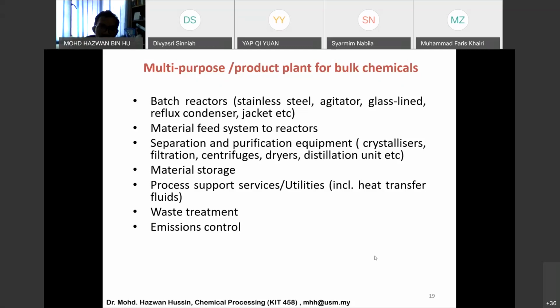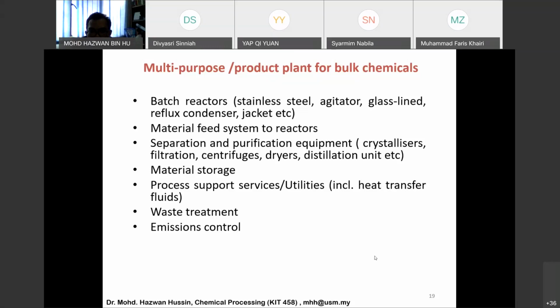Okay. So materials feed system to the reactor, sometimes pump or whatsoever, is considered the feed system. Separation and purification equipment, if you produce a drug or anything that forms crystal, then you need purification equipment: filtration, centrifugation, dryers, distillation unit, and so on.